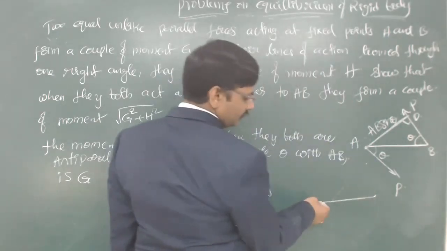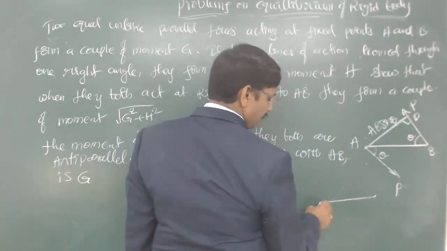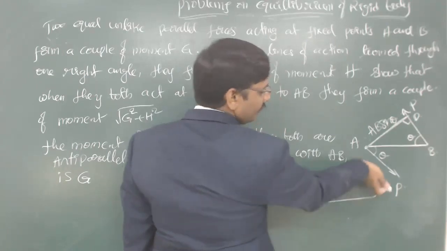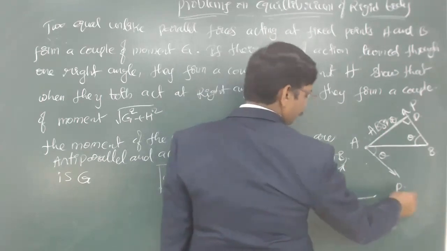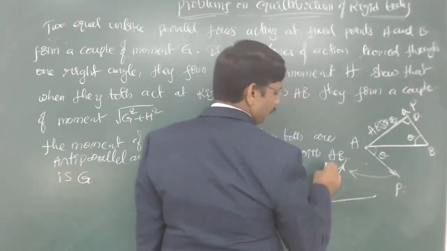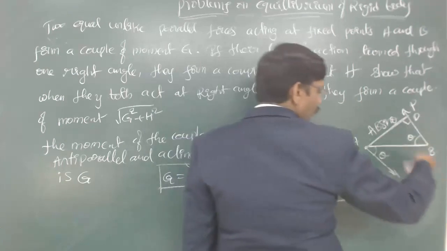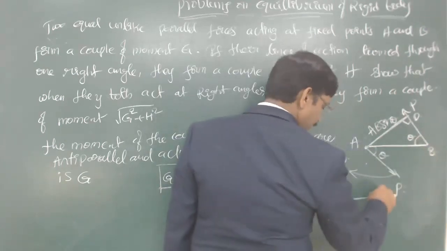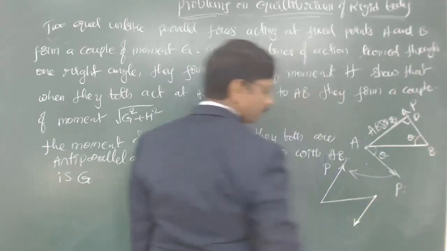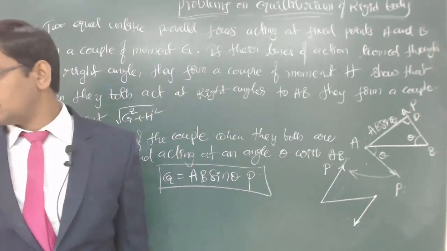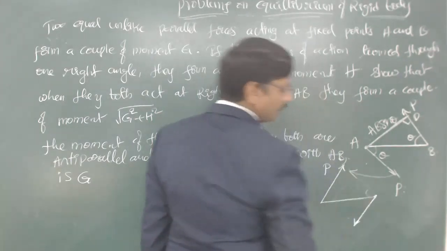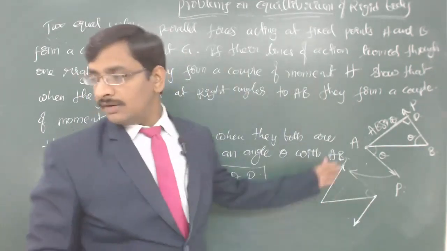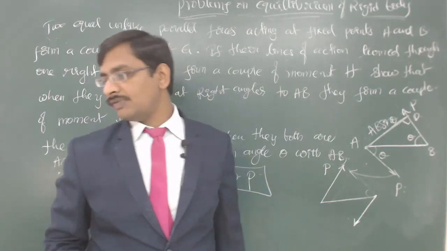Earlier it was like this, now it rotated by 90 degrees like this. So this P became this one, and this also rotates by 90 degrees, so it will go like this. Earlier it used to be like this, and this is theta, and from there it rotated by an angle of 90 degrees.